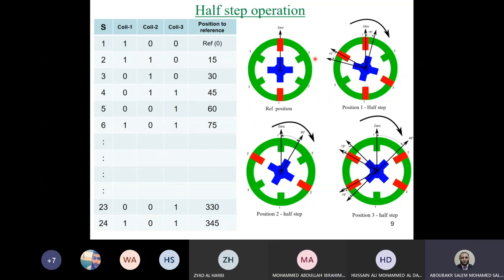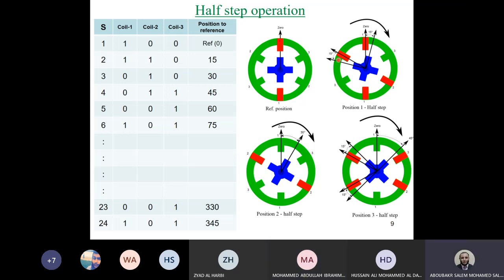So, if the motor moves only 15 degrees, the flux lines coming from tooth number 1 are shifted from the rotor tooth by 15 degrees. And for coil number 2, it's shifted by 15 degrees from the other side. So now the rotor is in equilibrium. So this will be the half-step operation.